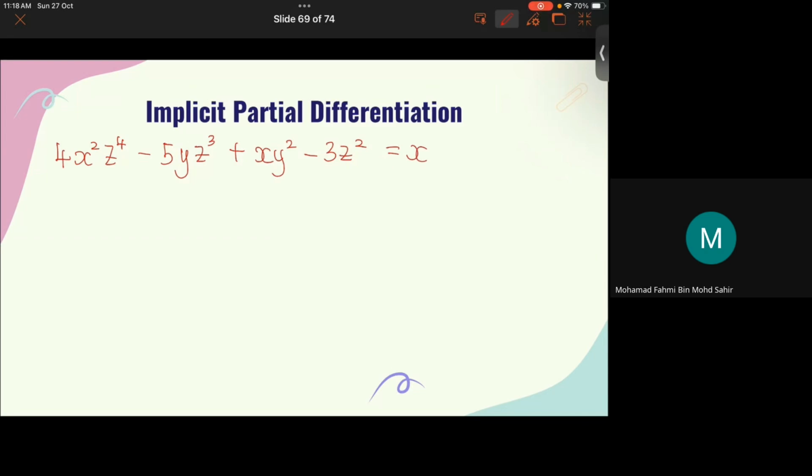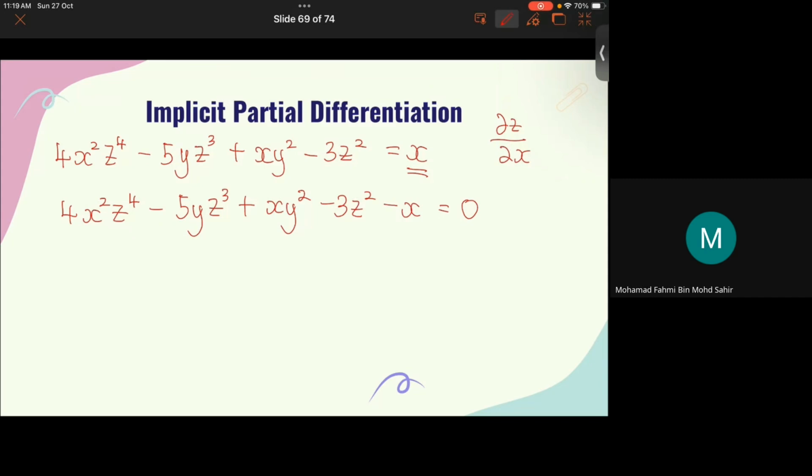Now we are required to find del z, del x. So let's apply the implicit partial differentiation rules that I explained just now. The first thing is you must bring whatever is on the right side to the left, so you rewrite it like this. Bring it to the left side, so the right side equals 0.